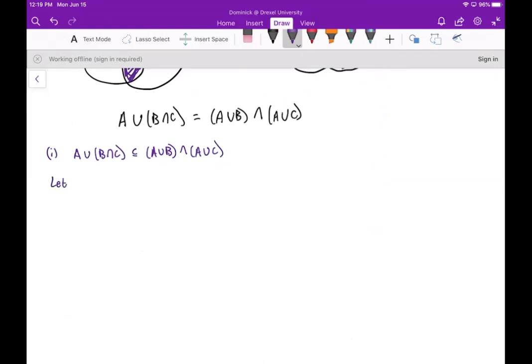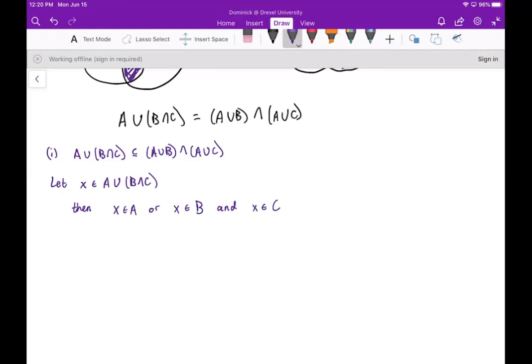We let X be an element of the left side. So X is an element of A union B intersect C. Well, what does this mean? Then this means then X is in A or X is in B and X is in C.